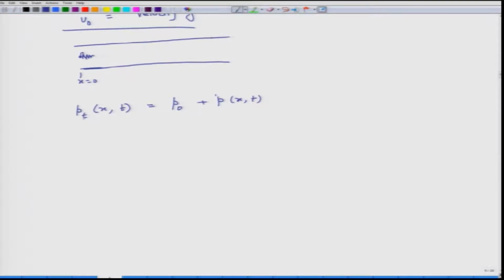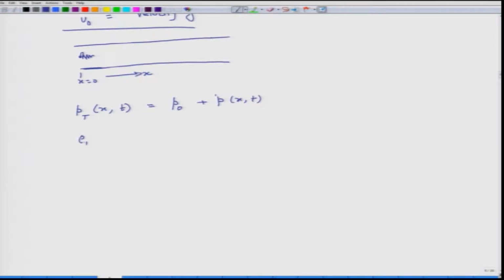Just to distinguish between total and time, I will make the total pressure a capital T. So, the total pressure at any point in the air is P naught plus small p(x, t), where small p is the disturbance caused due to this initial sound which has been generated.